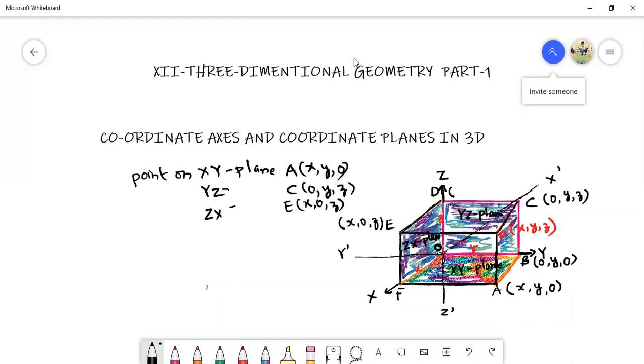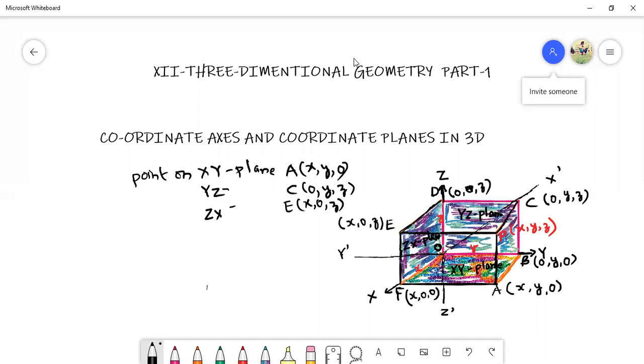So if it lies on the z-axis, the x and y coordinates will be 0. Similarly, this is F, which lies on the x-axis, so it will have only the x coordinate and y and z will be 0. Correct. So these are the coordinates of a point in space.